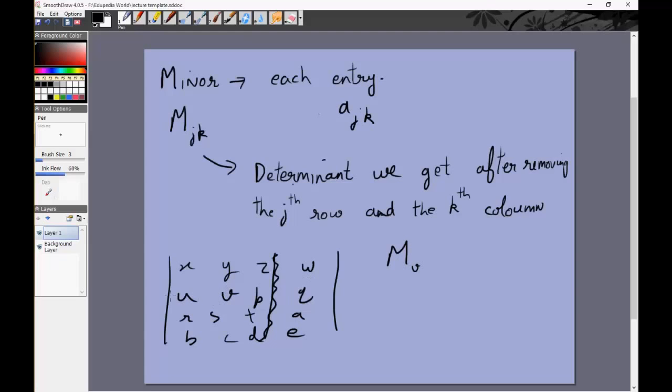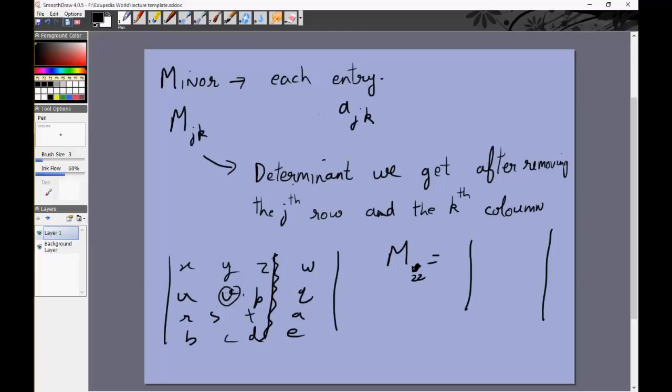V is the entry in the second row and second column, right? So it would be basically M22, and that would be a determinant we get after removing this row and this column. Remember, order is defined for a matrix, a minor is defined for each entry. These are all entries. This is A11, A12, A13, A21, A22, and stuff like that.